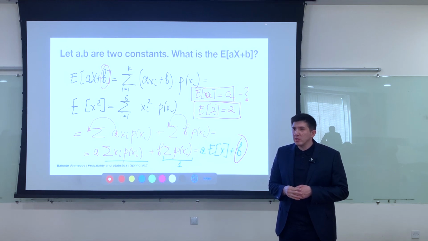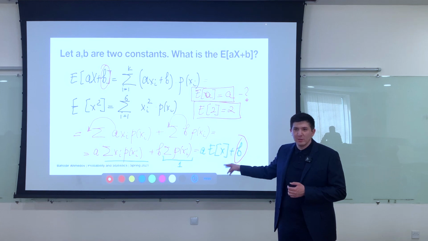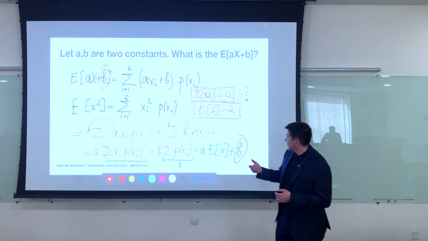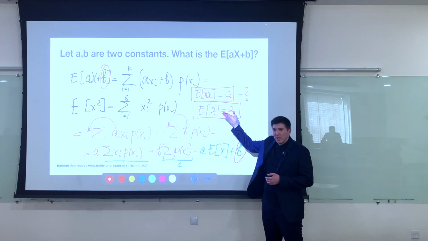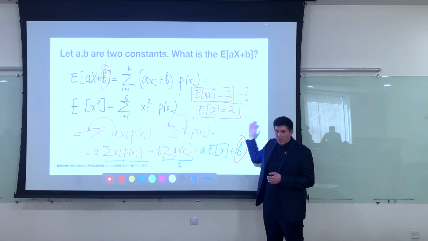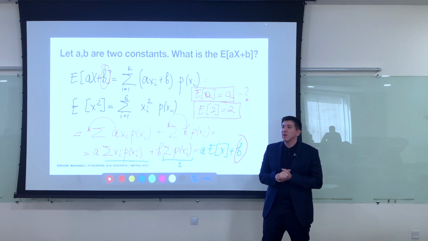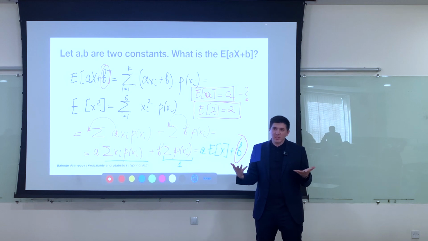And your experiment always gives the result 2. Let's do your experiment 10 times. How many 2's are you going to have? 10. 2, 2, 2, 2, 2, 2, 2, 2, 2, 2. What is the average? 2. Okay? So this is the meaning of this. The expected value of a constant is equal to the constant because you're always going to have a constant in your probability experiment, and obviously, the average is also a constant.